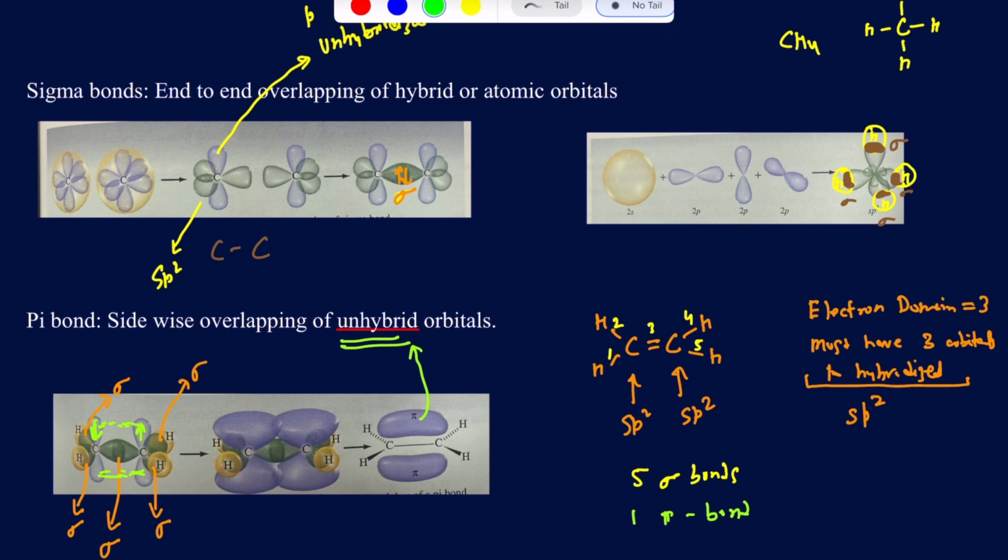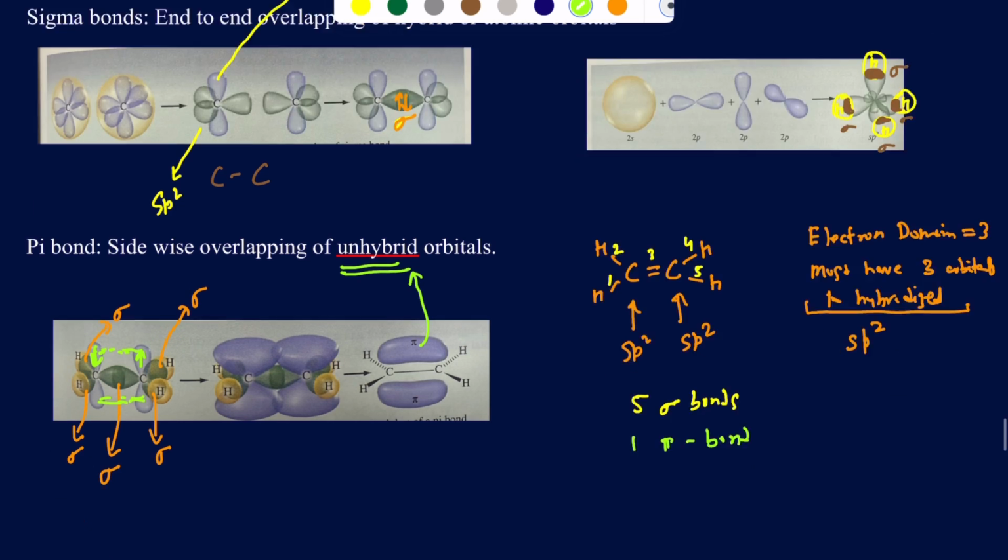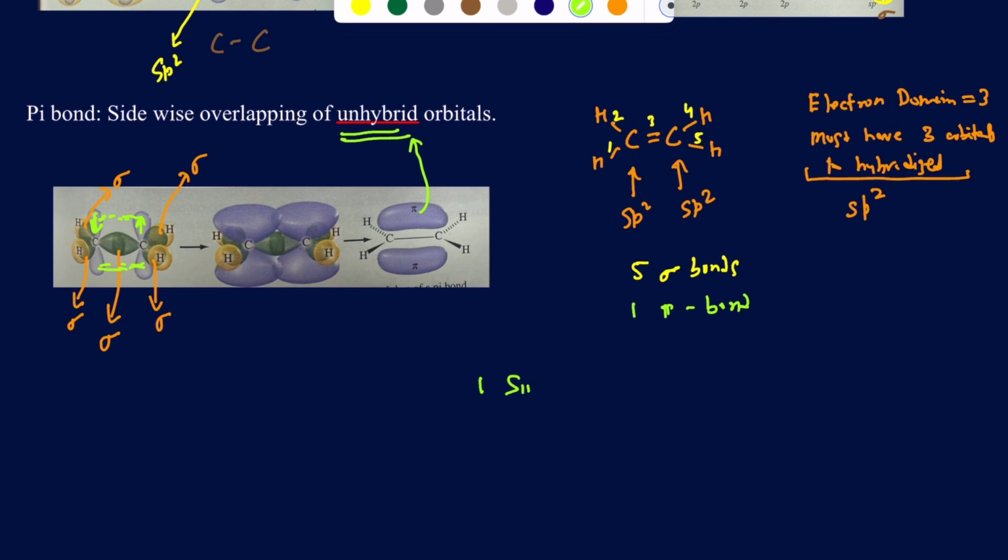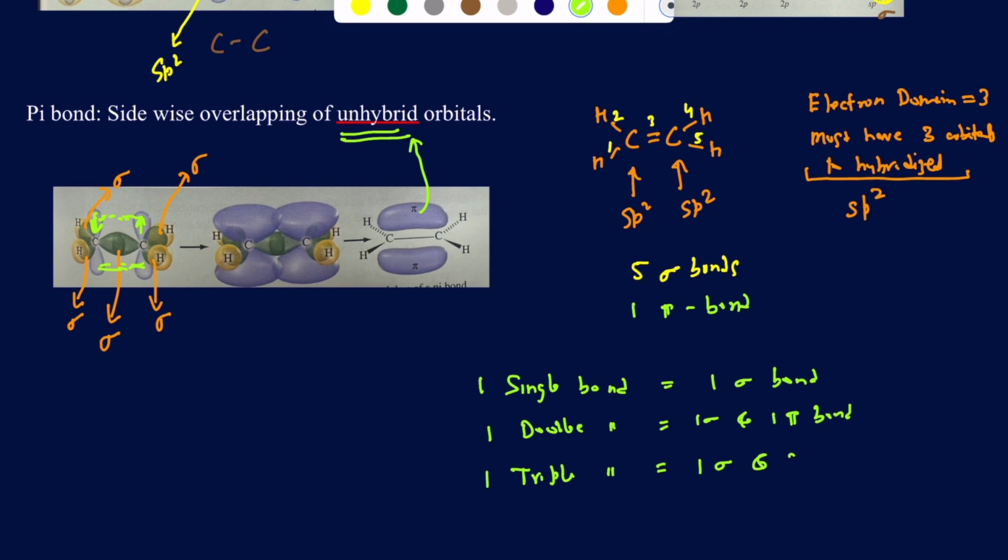If you have one single bond, it is made of one sigma bond. In one double bond, you have one sigma and one pi bond. So make sure you know that. And in one triple bond, you'll have one sigma bond and two pi bonds. Make sure you remember that.